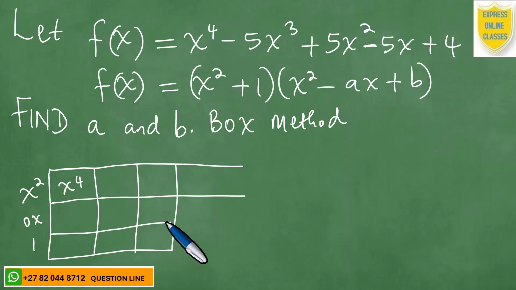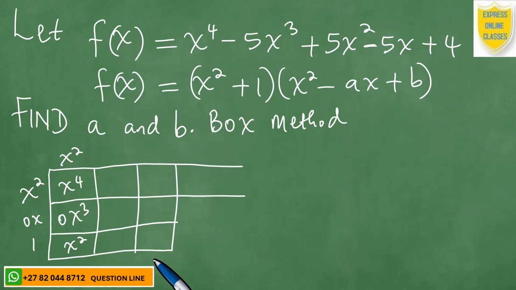If we divide x to the fourth power by x squared, we get exactly an x squared. Then x squared times x squared gives x to the fourth power. 0x times x squared gives 0x cubed. 1 times x squared gives us exactly x squared there.